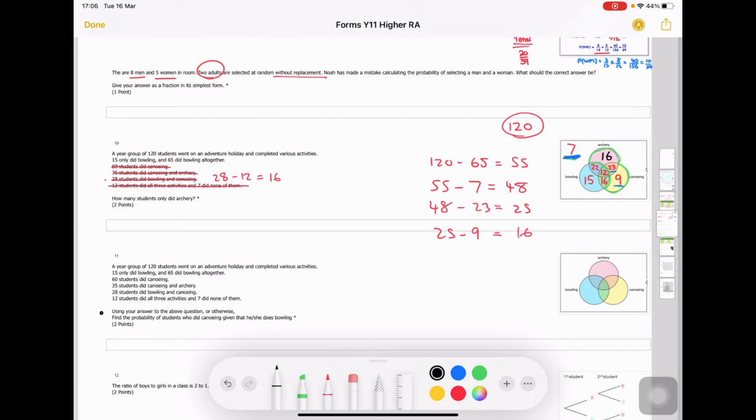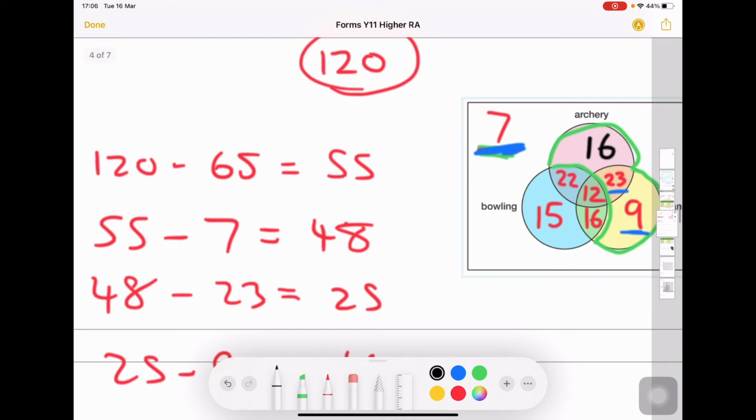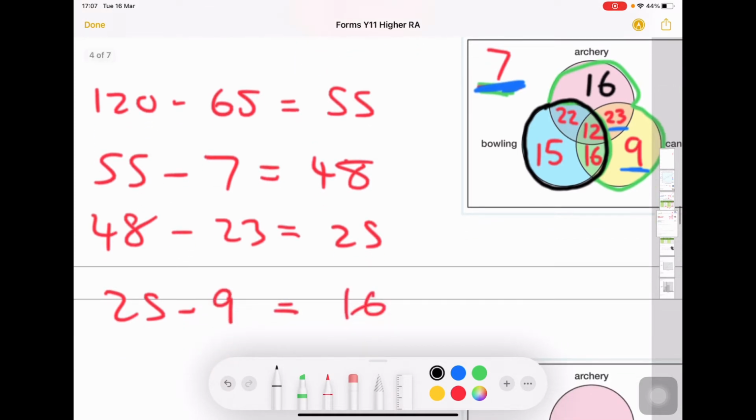So what I'm going to do here is circle the bowling circle, the blue circle. And we need to work out the probability that the student did canoeing. So how many students did canoeing?